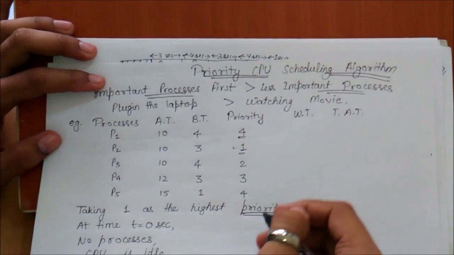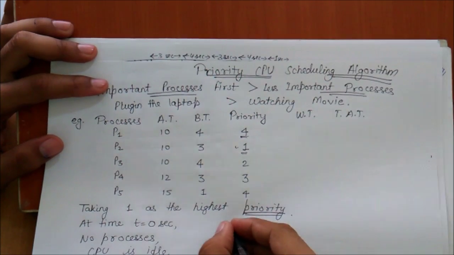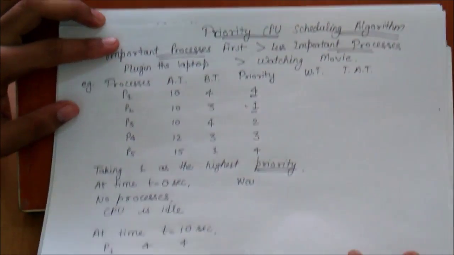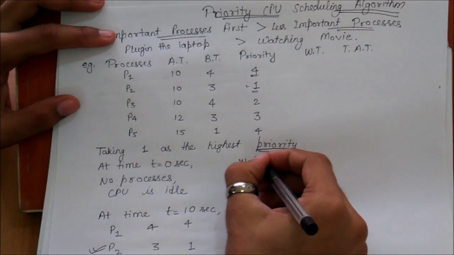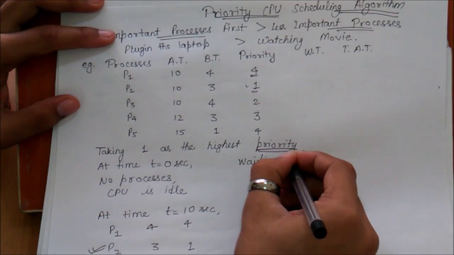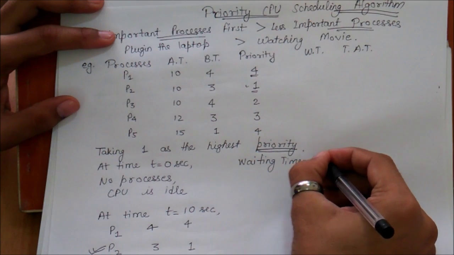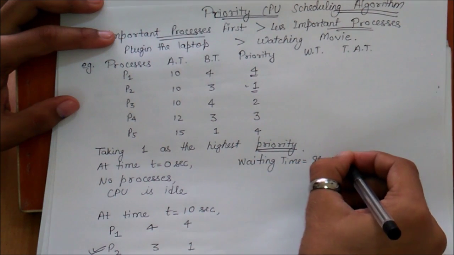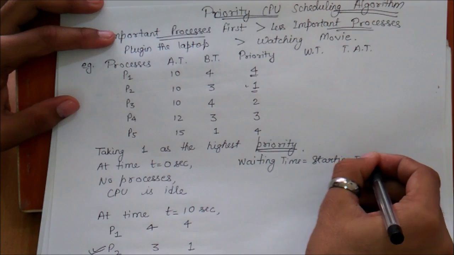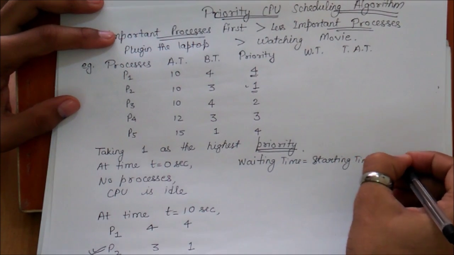Now for calculating the waiting time and the turnaround time, we have the similar formula, that is waiting time is equal to the starting time minus the arrival time.